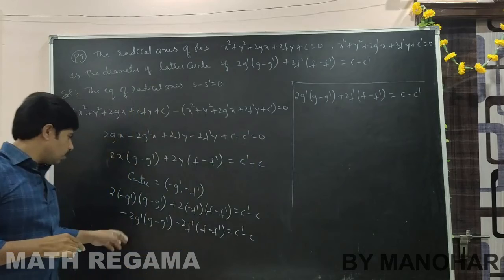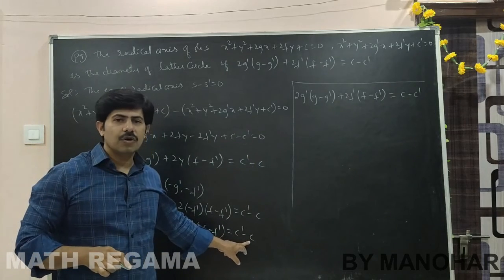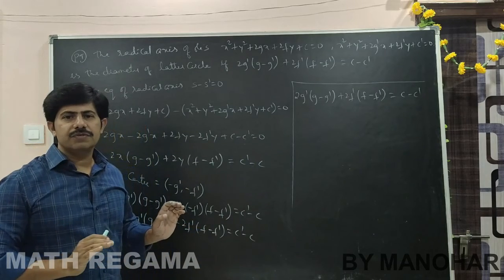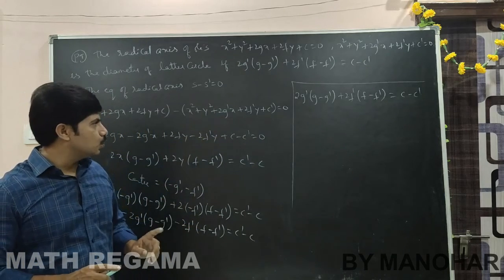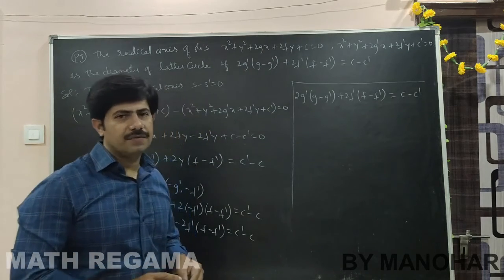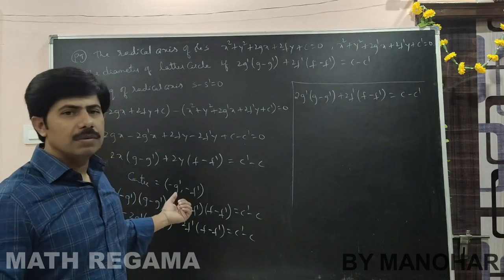Here these two terms will become minus, and on the other side also I take the minus sign common, so that we get c - c'. After that, the two minus signs we took common on both sides cancel. So we get the result 2g'(g - g') + 2f'(f - f') = c - c'. Okay, so this problem is completed.